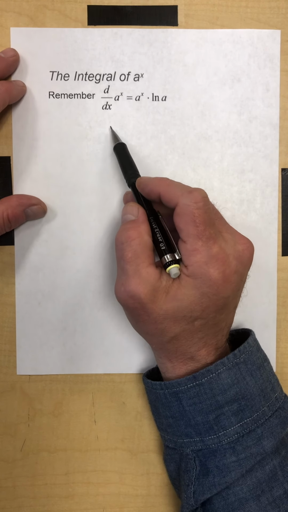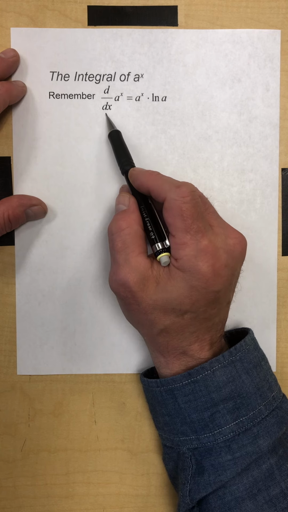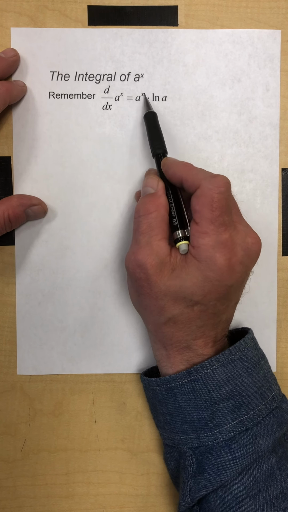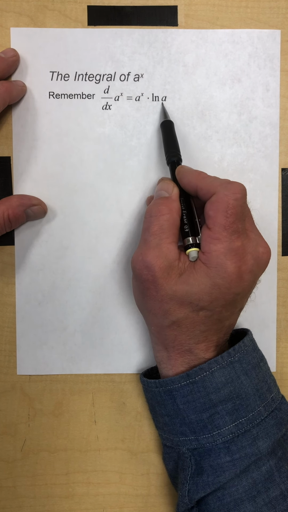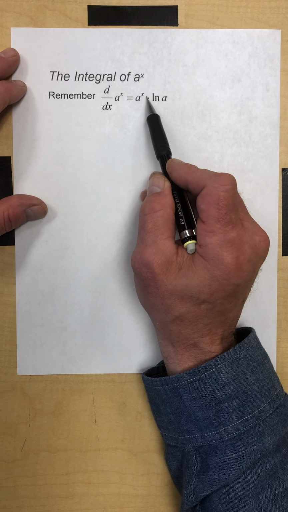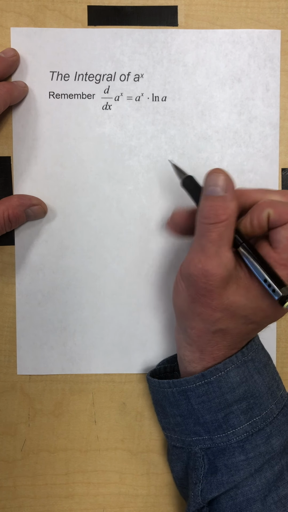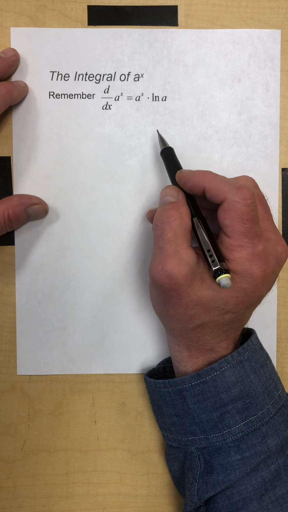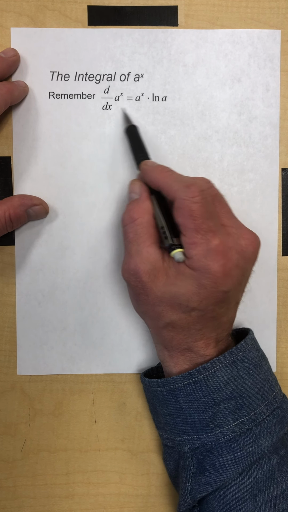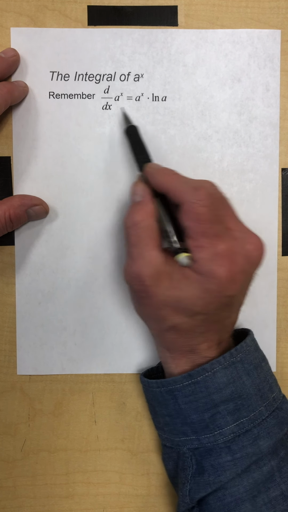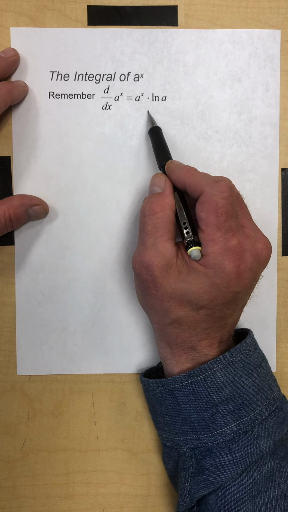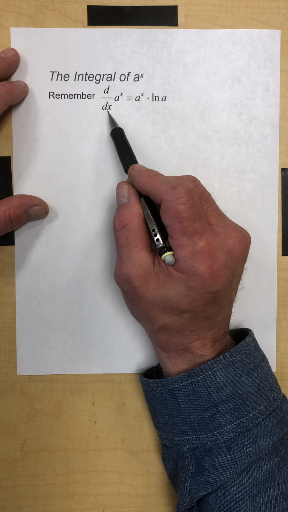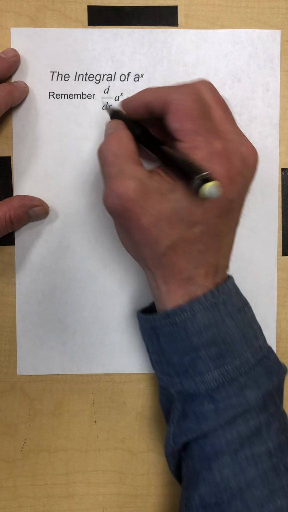The derivative of a to the x power would be a to the x times the natural log of the base a times the derivative of the exponent, and the derivative of x is just 1. How about if we take the integral of both sides? If these two sides are equal to each other, the integrals have to be equal to each other.